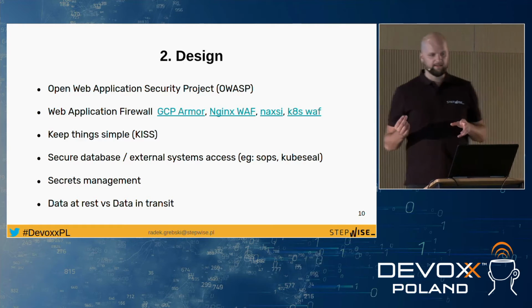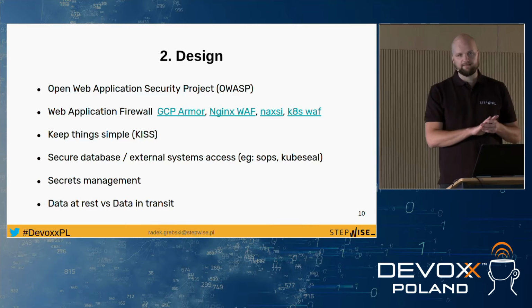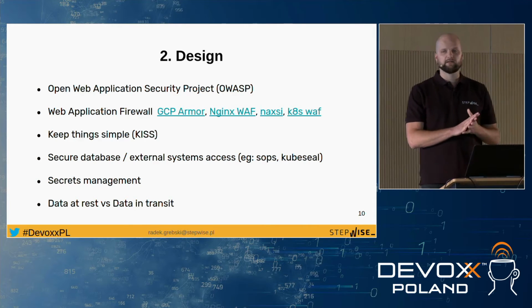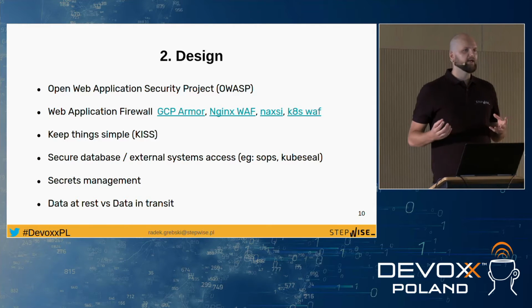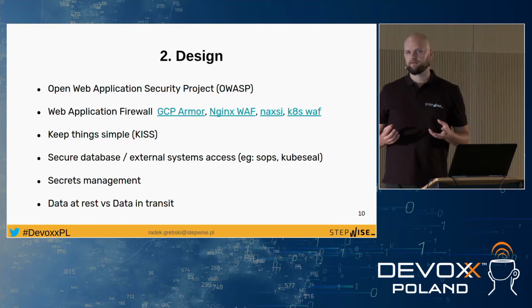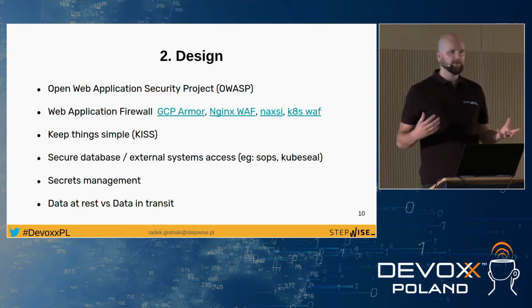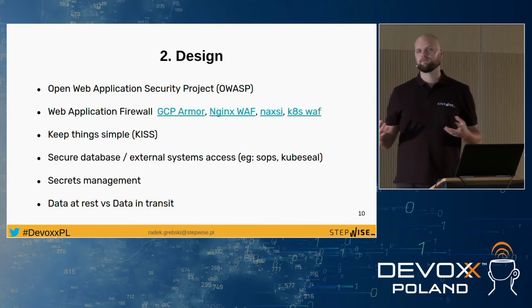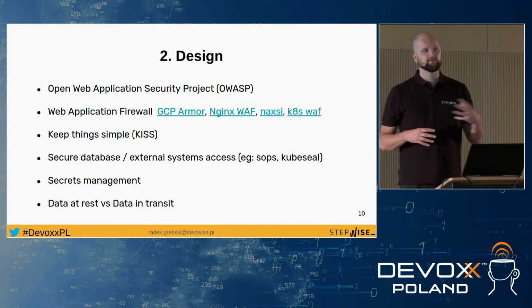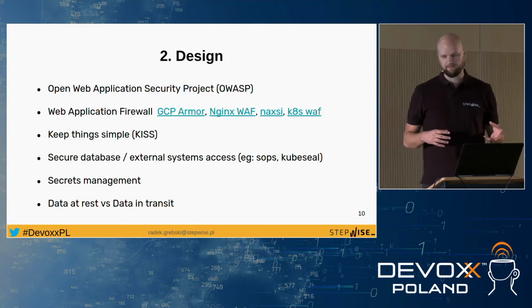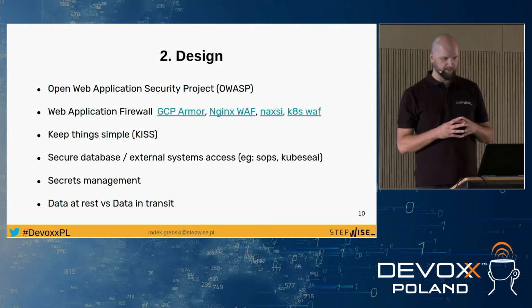I will also show it on the next slides. At that stage, we should consider whether we need that in our application or not. When designing, we should keep things simple, right? Because the more complexity we add to our system, the harder it is to maintain, and there is a bigger possibility of security leaks in our application.